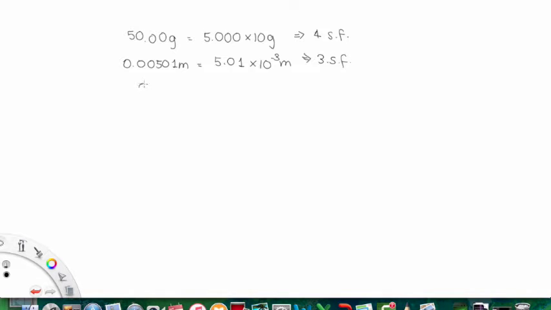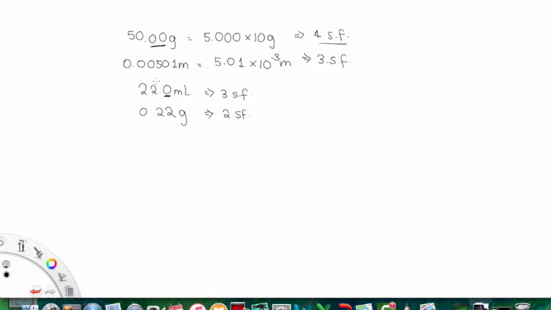Another example is if you have 22.0 milliliters, this has 3 significant figures. But if I had 0.22 grams, this has 2 significant figures. So are you seeing a pattern here? Basically, the zeros that come after the decimal point count as significant figures. That's why this one has 4 sig figs. In this case too, there's a 0 after the decimal place.